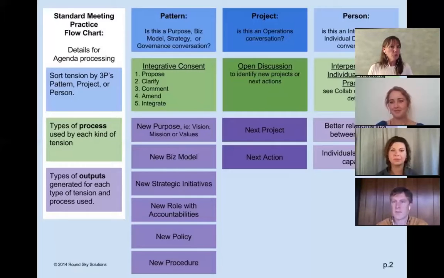The other reason we don't really need integrative consent for the project track is that typically we have already defined in our governance conversations, which is one of the pattern conversations, what the roles are. And so we know which project something should go to.